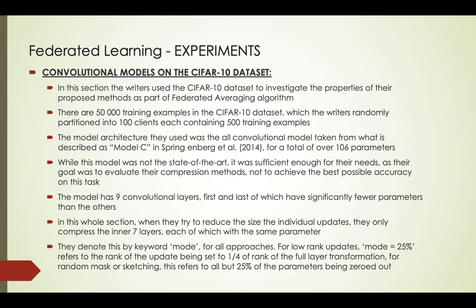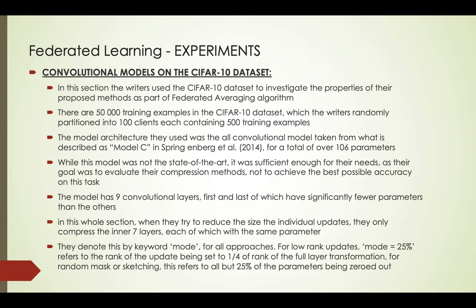The model architecture they used was the all convolutional model taken from what is described as Model C in Springenberg et al. 2014, for a total of over 10^6 parameters.